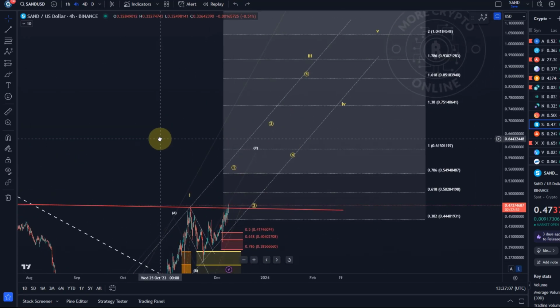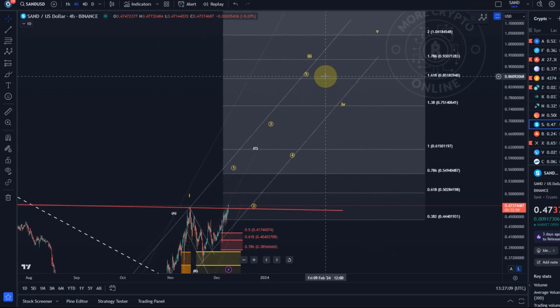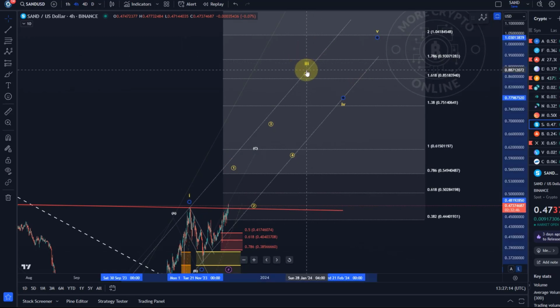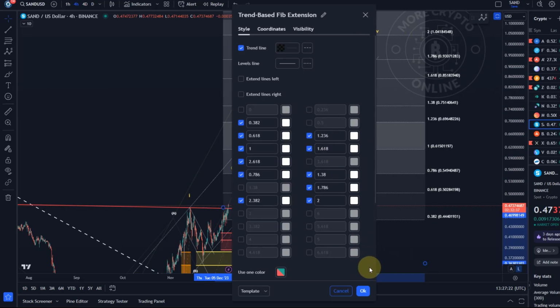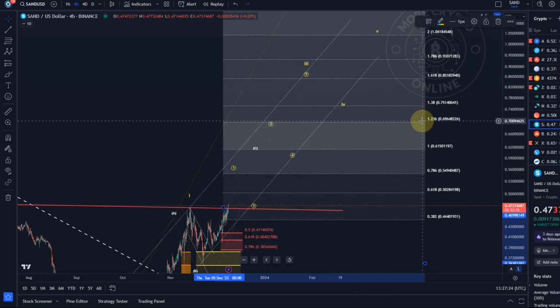So first of all, target before we finish. Target for that third wave here. Hard to say really, but minimum I'd like to see the 70 cent level, but that feels a bit shallow for a third. So it's more like the 1.38 extension at 75 cents, maybe even 85.